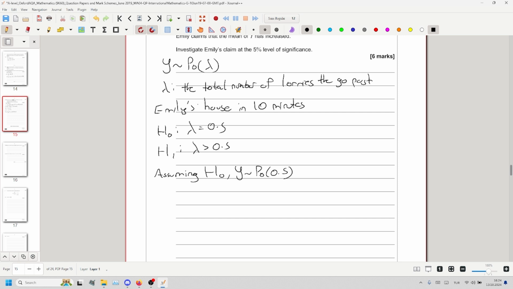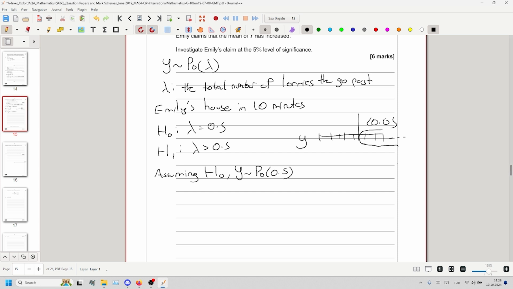All right, now since the claim is that lambda is greater than 0.5, we need to do an upper tail test. If we consider the values that our Poisson variable can take, values of Y, we need to find the critical region somewhere in here, such that the probability after this point is less than our significance level, which is 0.05.